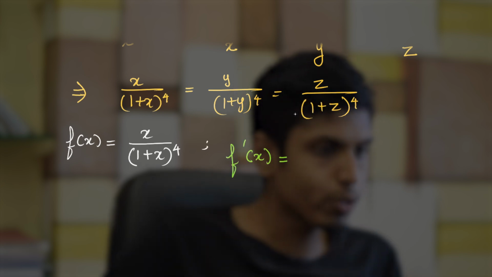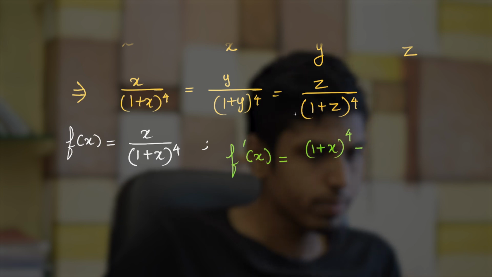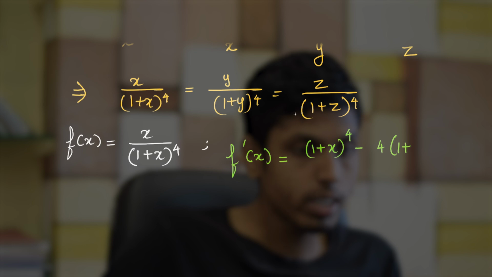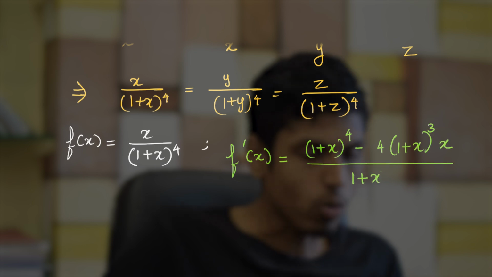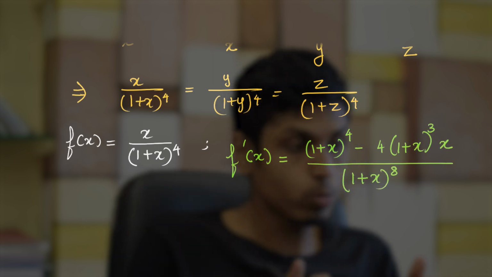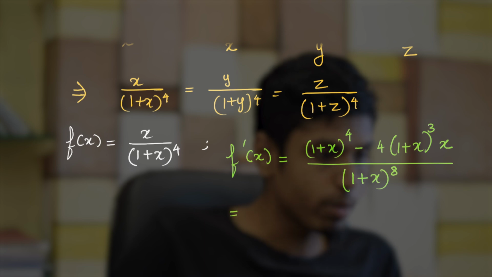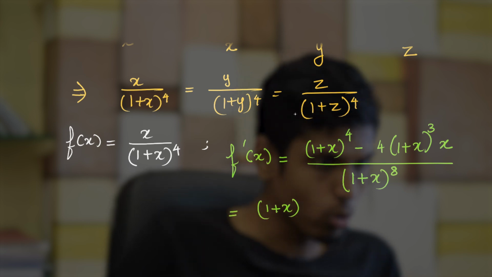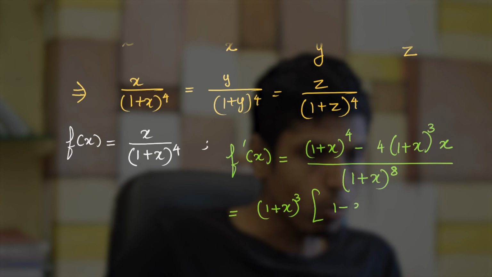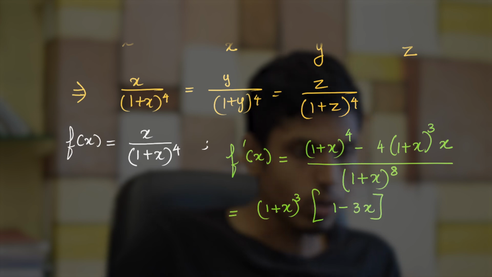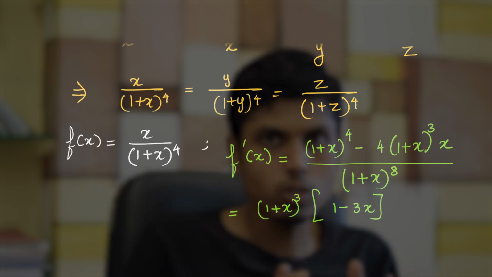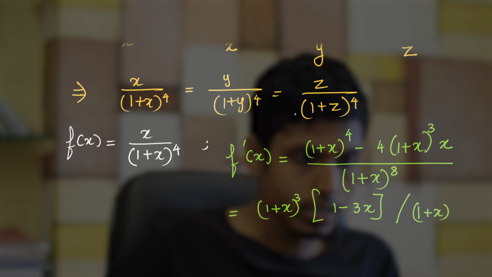It is the differentiation of numerator, which is 1, times the denominator, minus differentiation of the denominator times the numerator, by (1 plus x) power 8, because we have to square the denominator separately, which will be our new denominator. Now this equals (1 plus x) the whole cube times (1 minus 3x). So I'm just taking common (1 plus x) whole cube divided by (1 plus x) whole power 8.